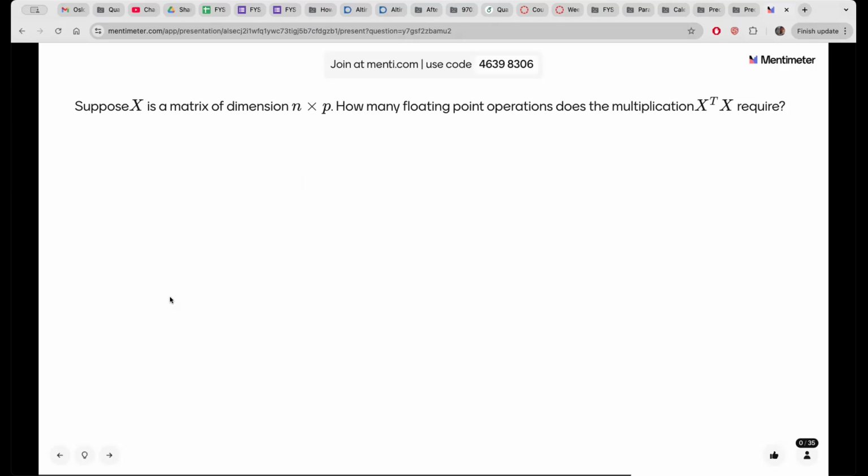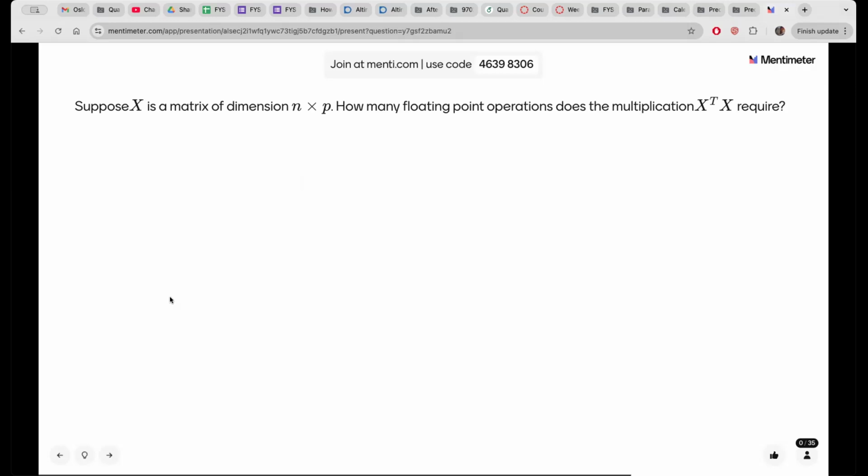I don't know if you have done this before, but if you have, try to set up the number of floating point operations which are required for a matrix multiplication. And later we are going to look at that for a vector multiplication. So let's just see, what is your verdict?